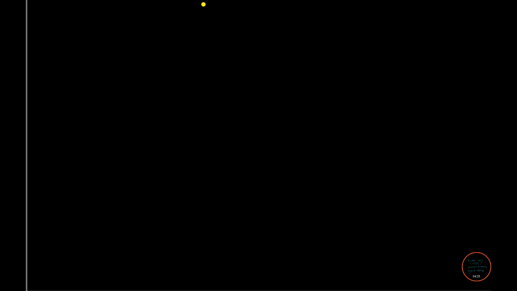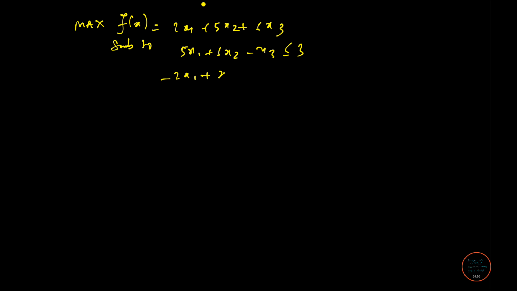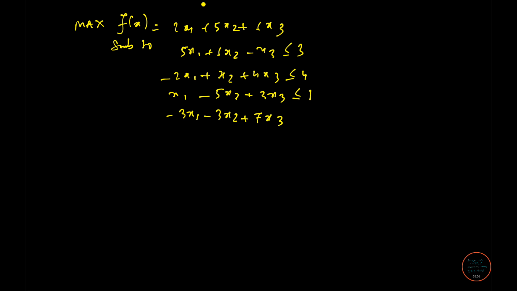Maximize f(x) equal to 2x1 plus 5x2 plus 6x3, subject to, so it's a three variable structure, the constraints 5x1 plus 6x2 minus x3 less than or equal to 3, minus 2x1 plus x2 plus 4x3 less than or equal to 4, x1 minus 5x2 plus 3x3 less than or equal to 1, and minus 3x1 minus 3x2 plus 7x3 less than or equal to 6. That's it, where all the variables are greater than or equal to 0.